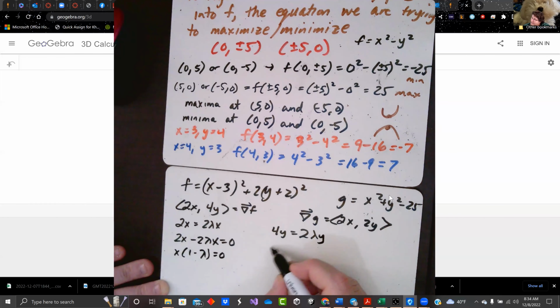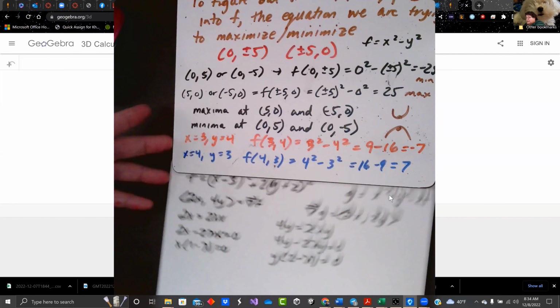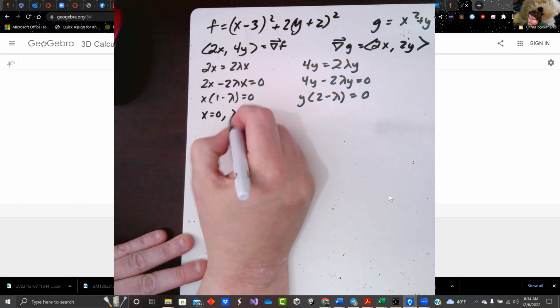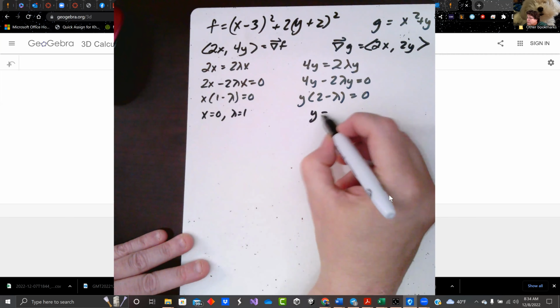If I do that over here, I've got 4y minus 2 lambda y equals 0. I can divide by 2, pull out a y, and I've got (2 minus lambda) equals 0. So I get either x equals 0, lambda equals 1, or y equals 0, lambda equals 2.